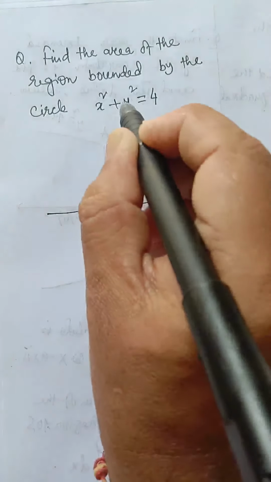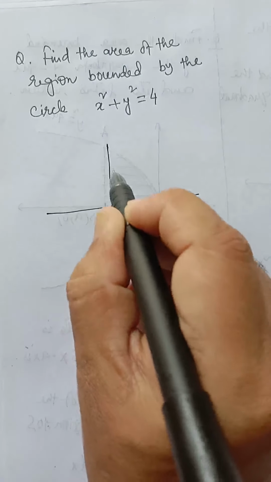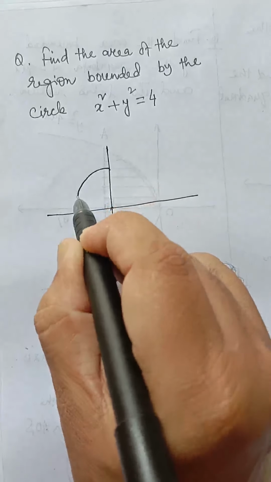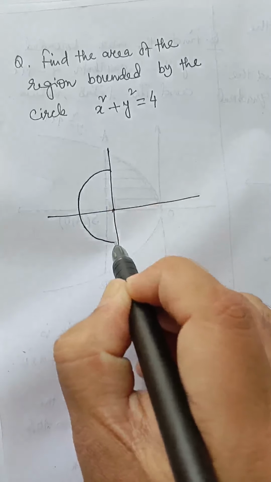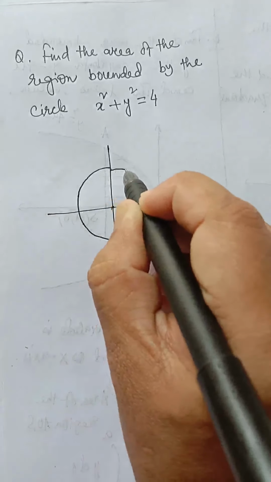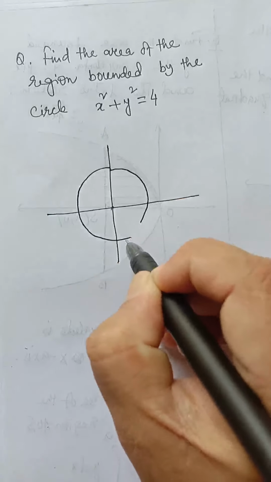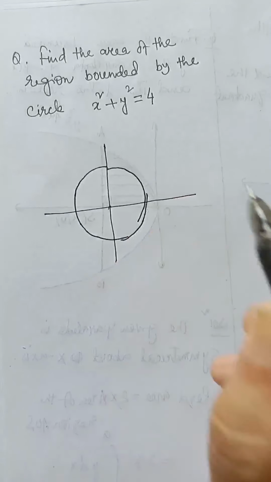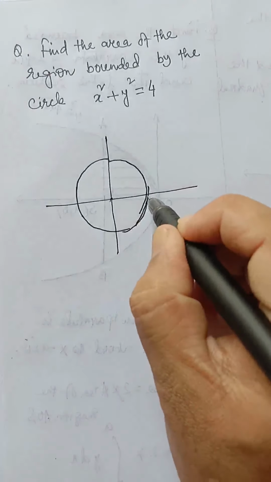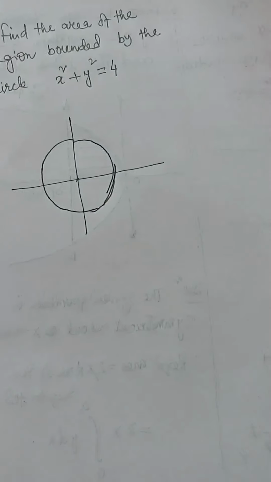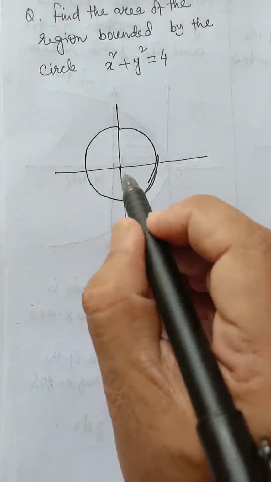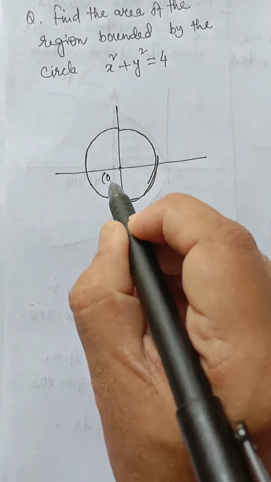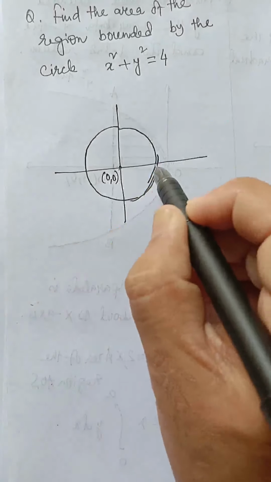This is a circle with center at origin (0, 0) and radius 2 units.